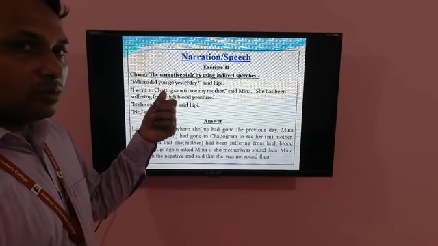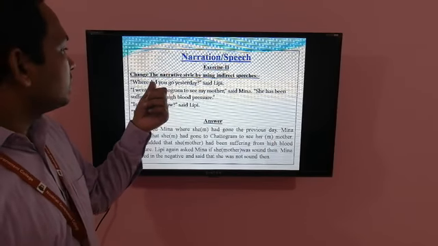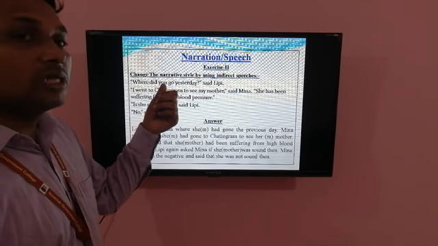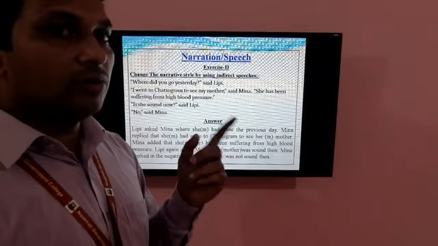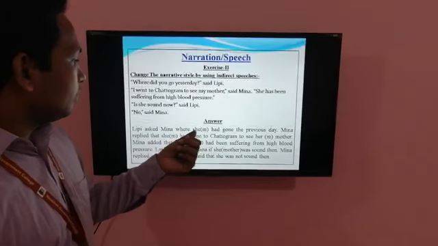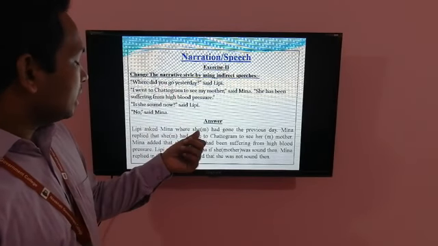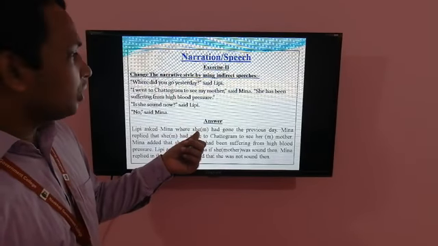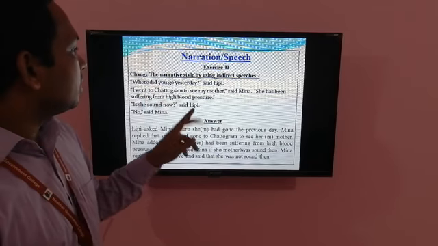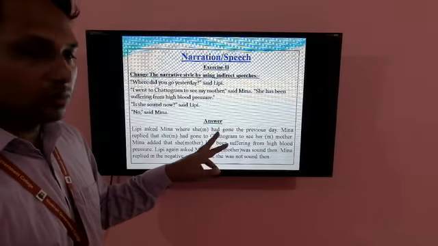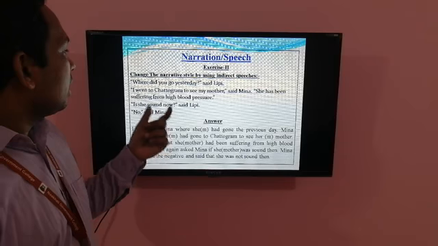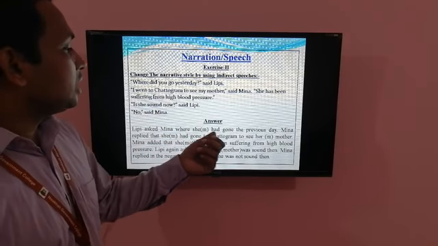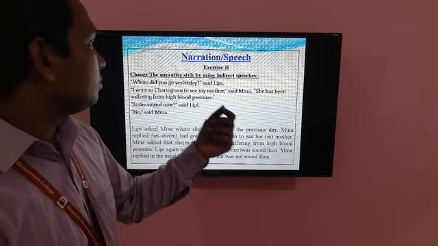Alright, look at this point. This auxiliary verb and this object will get interchanged. They will replace each other. That's why you has come here and did has changed to had gone.